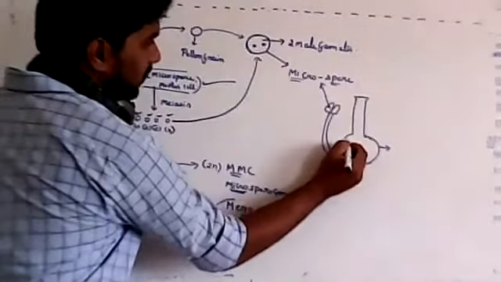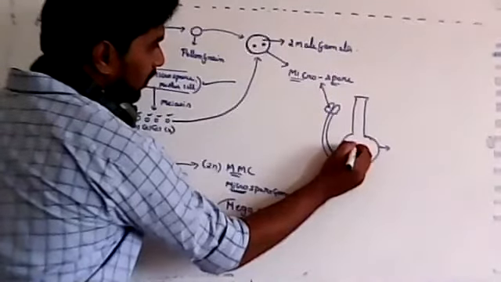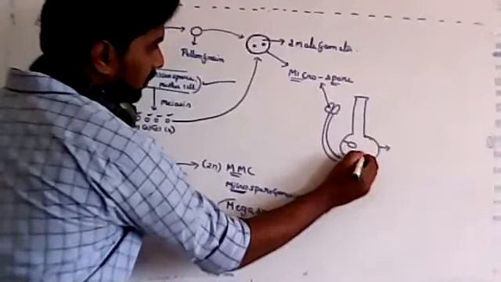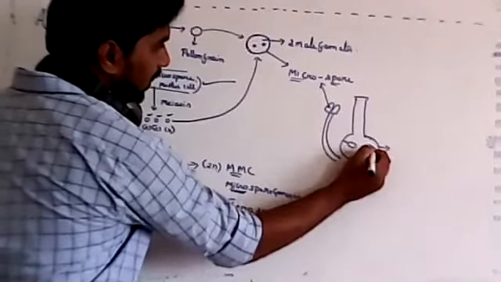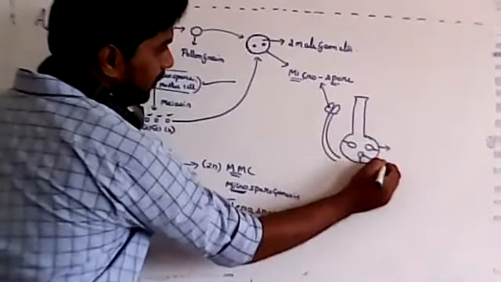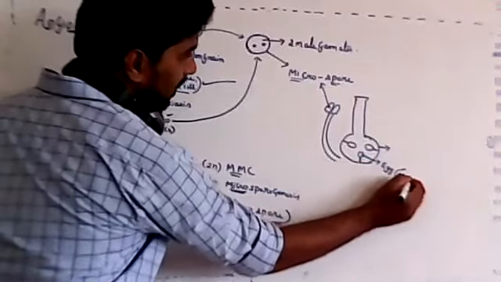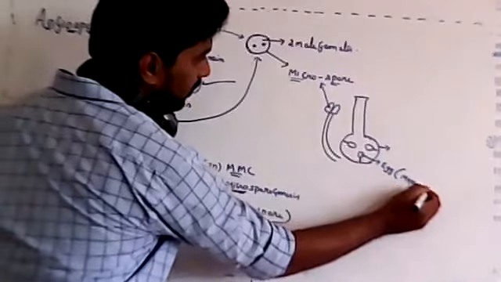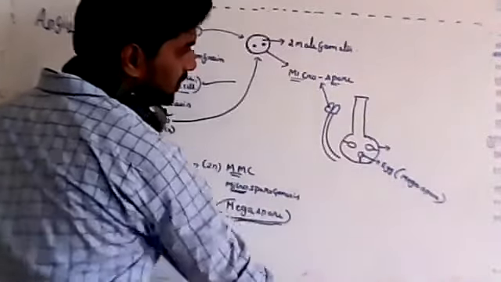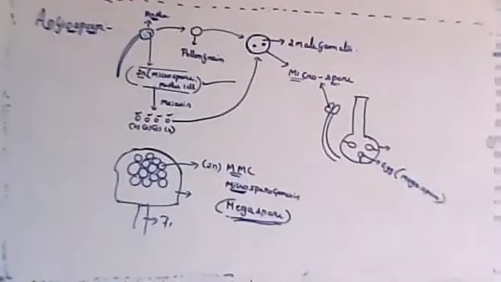Inside this ovary there will be ovules, and inside the ovule there will be formation of the egg. That egg which is formed is called the megaspore.